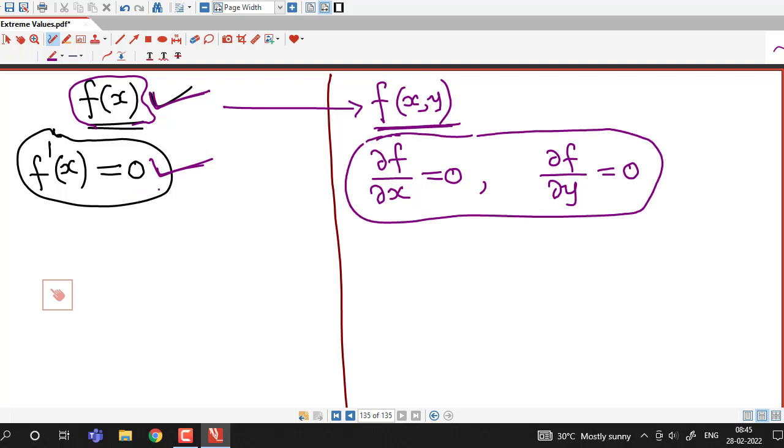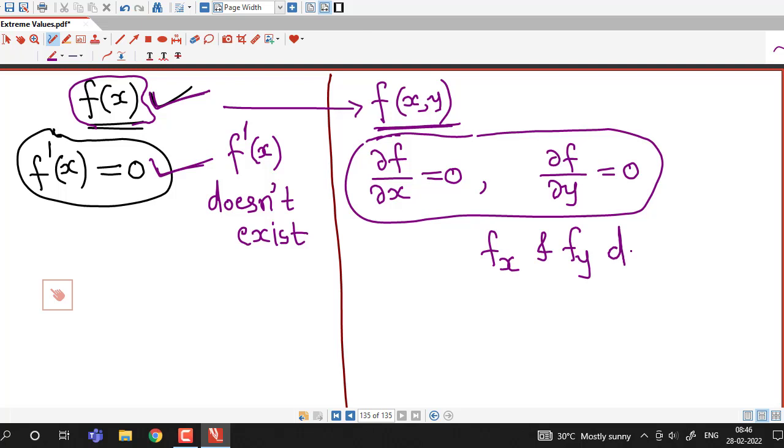Another thing is we can have non-differentiable function also. So the point at which f dash x does not exist, those points are also candidates for local extreme values. So same thing here, the points at which fx and fy do not exist, either fx or fy or both the derivatives do not exist, are the points which are also candidates for local maximum or local minimum.